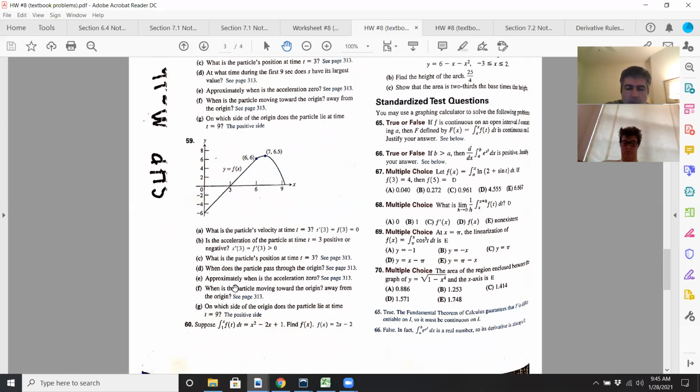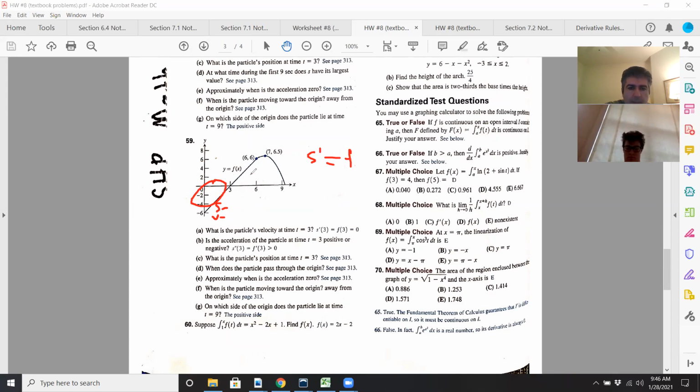And then F, when is the particle moving toward the origin? It's moving toward the origin when your position is positive but your velocity is negative, or when your position is negative and your velocity is positive. Well, in this entire region, our position is negative, because we have negative area, and our velocity is also negative, because velocity is the y values, right? Remember, velocity is S prime equals F. So that's going away.